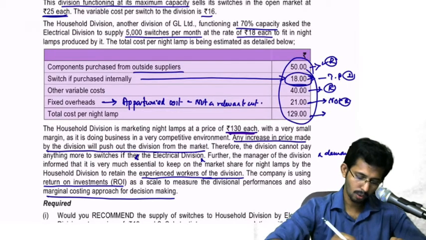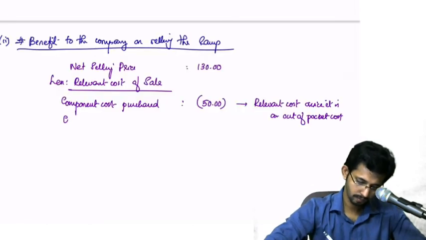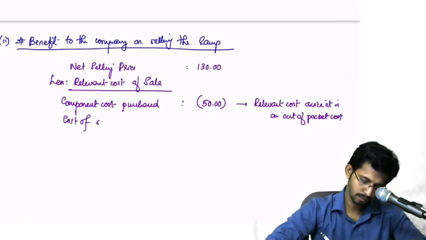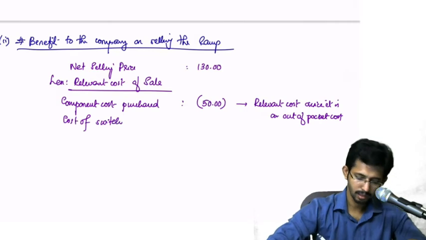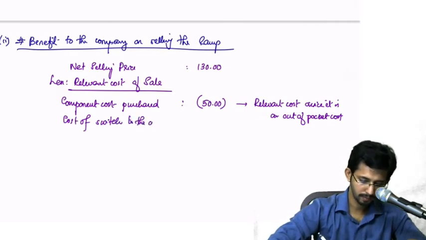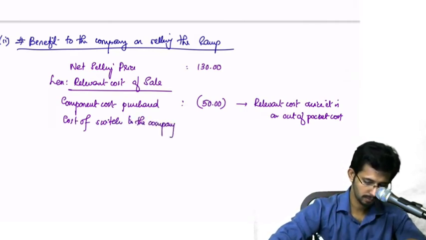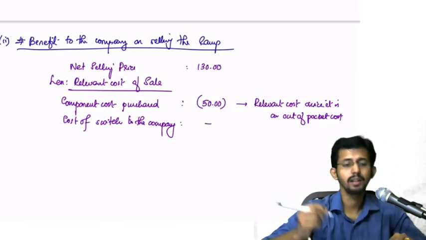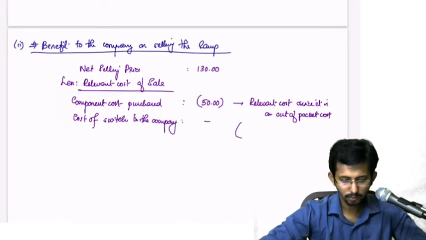Next, cost of switch. Cost of switch to the company: nil. Why nil?